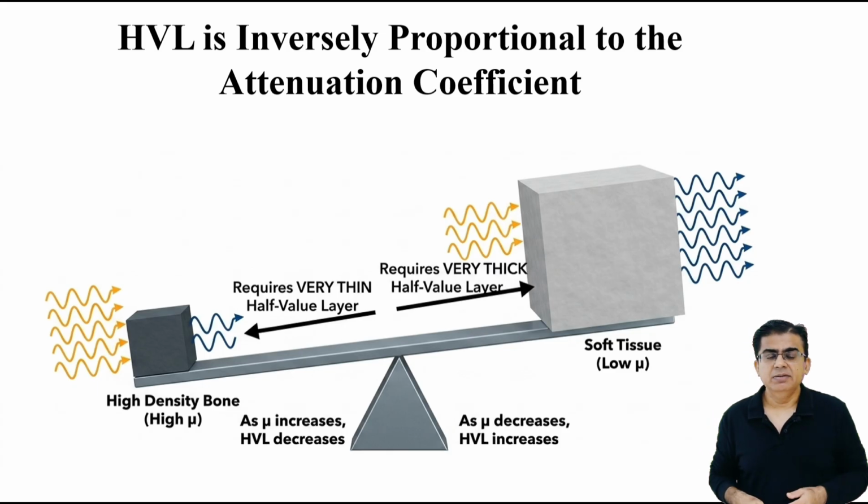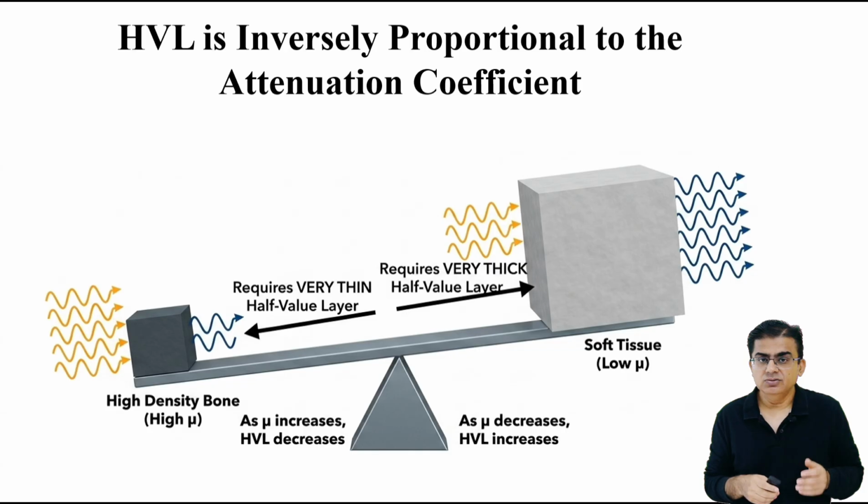Let us apply this important physics concept directly to human tissue now. We can use a simple seesaw balance to easily understand this. Please look closely at the high density material, for example bone, on the left side of this balance.